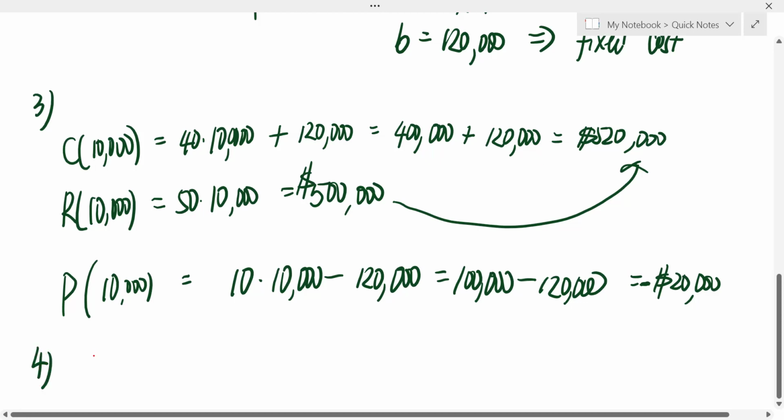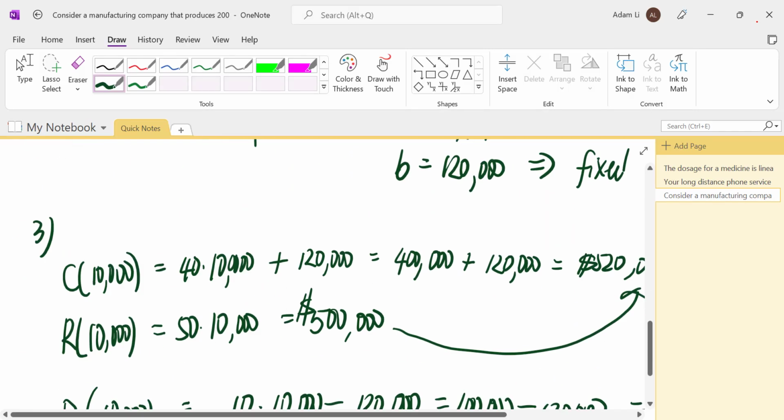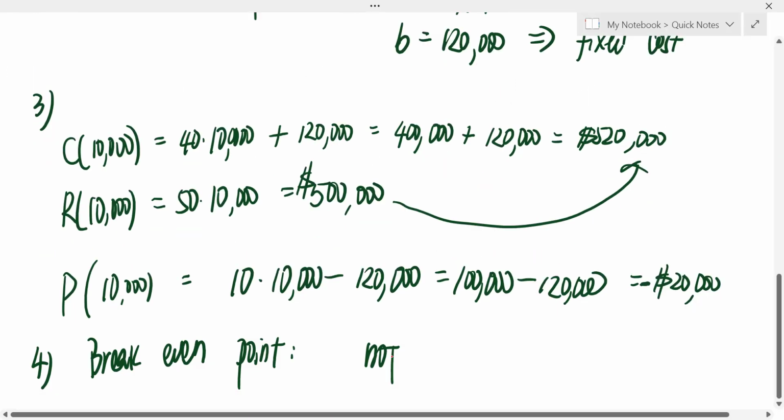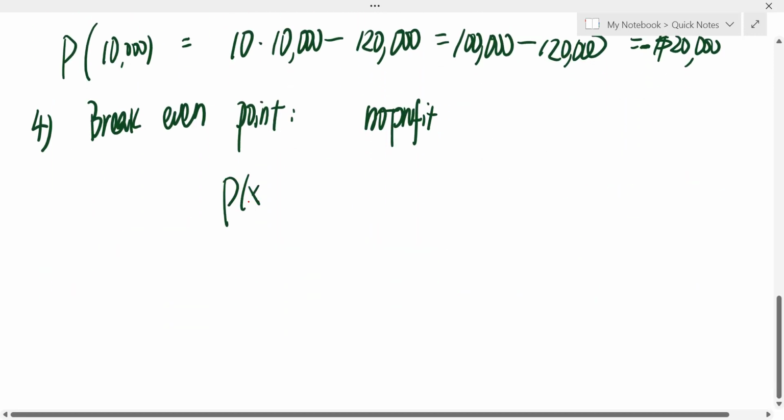Part 4 is break-even point. Break-even meaning no profit and no loss. That's what the break-even is. No profit. So you set in profit function P of x equals 0. That means 10x minus 120,000 equals 0.